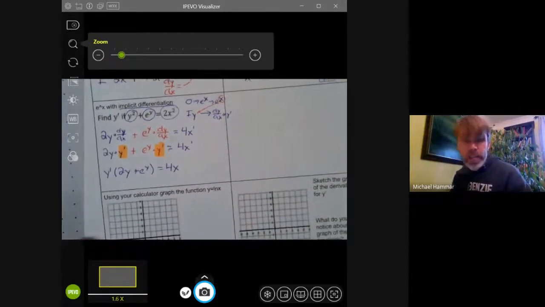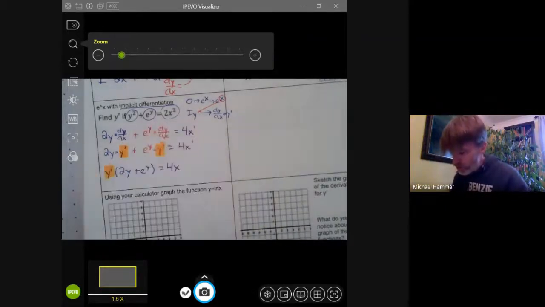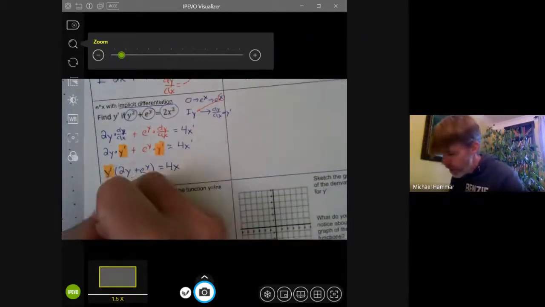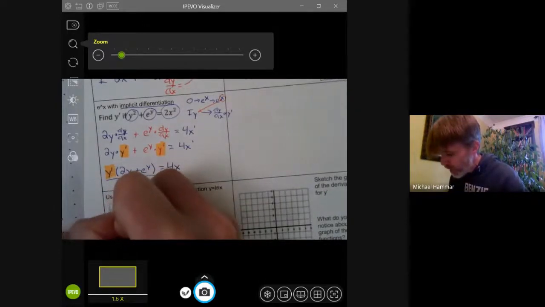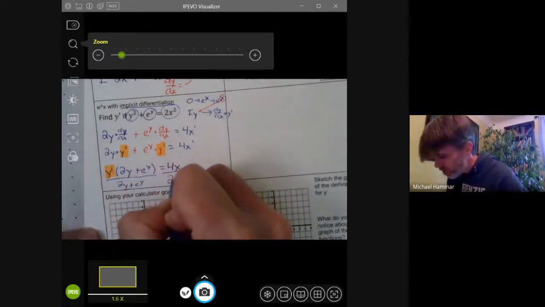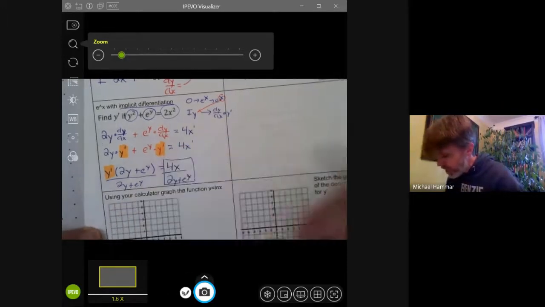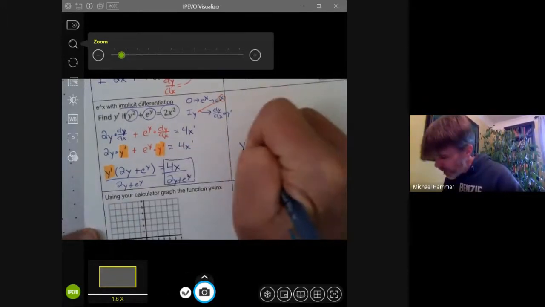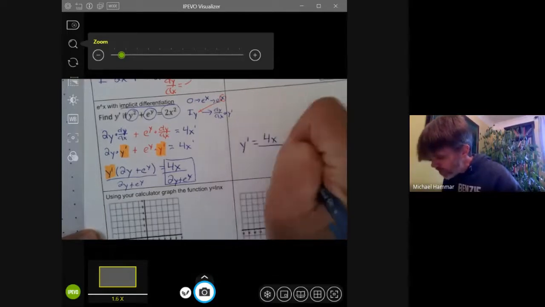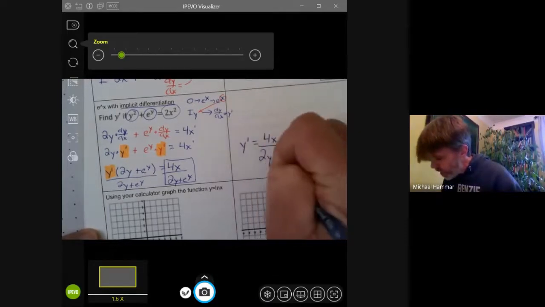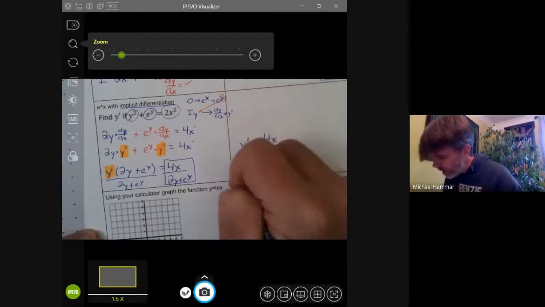And now isolate the y prime. So divide both sides by 2y plus e to the y. And then this is now your derivative. So y prime equals 4x over 2y plus e to the y.